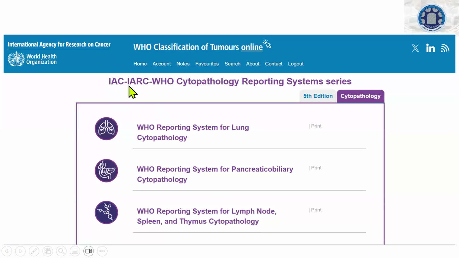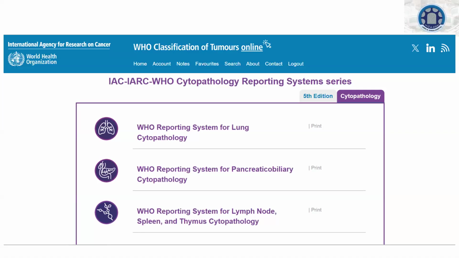So the IAC approached the IARC and said, let's make a series of WHO reporting system, a complementary series to the WHO histology classification, so that the cytopathology aligns with the histology. And right now, what I'm thinking is why they didn't think about this long time back. Because if you see many of the systems, the alignment between the WHO classification and the cytology classification is not there.